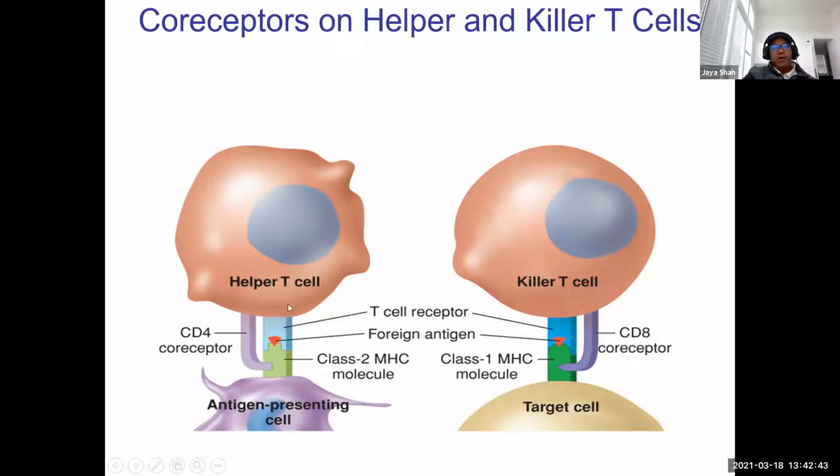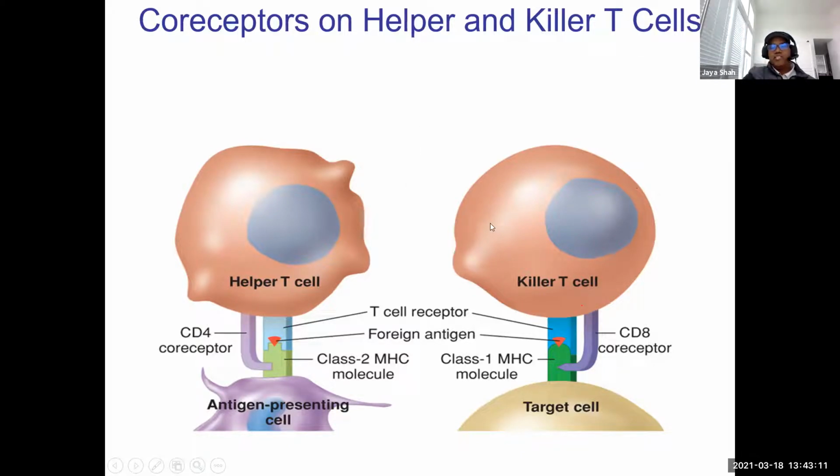And on the helper T cell, there is the T cell receptor, which is another kind of antibody. When the helper T cell gets this antigen from the antigen presenting cells, the helper cell gets active, and that helper cell then produces cytokines, which activate B cells as well as T cells.